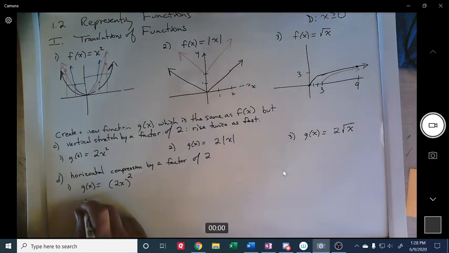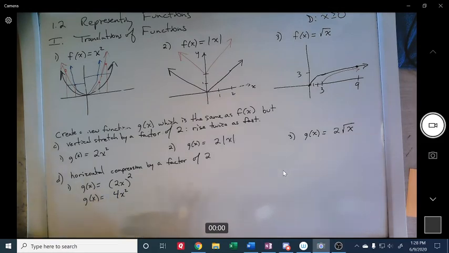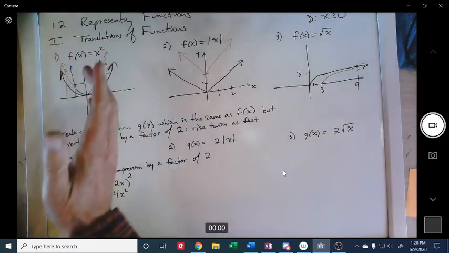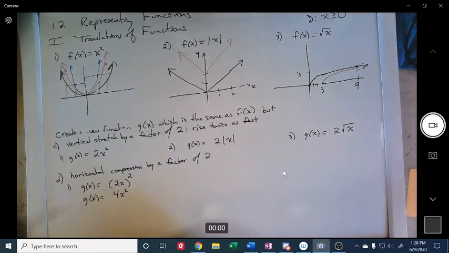And so then g of x is actually the same as 4x squared. So now you can kind of see why the blue curve is vertically rising more steeply than the red curve over here. And horizontal compression, remember, these are opposite of what we had come to expect with vertical.